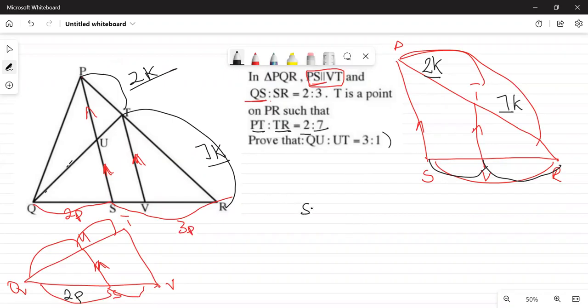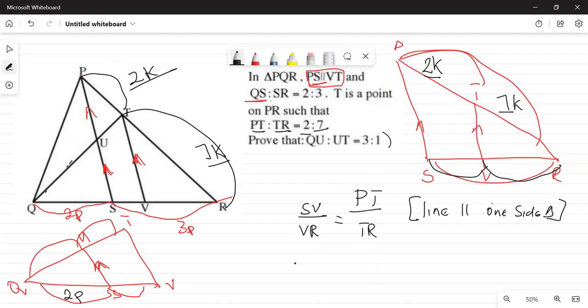I'm going to say SV all over VR is going to be equal to PT all over TR. Now, this was not given. I need to tell them why I am saying this, because it was not there. I'm going to tell them that I have a line parallel to one side of the triangle. Now we know what PT is. What is PT?